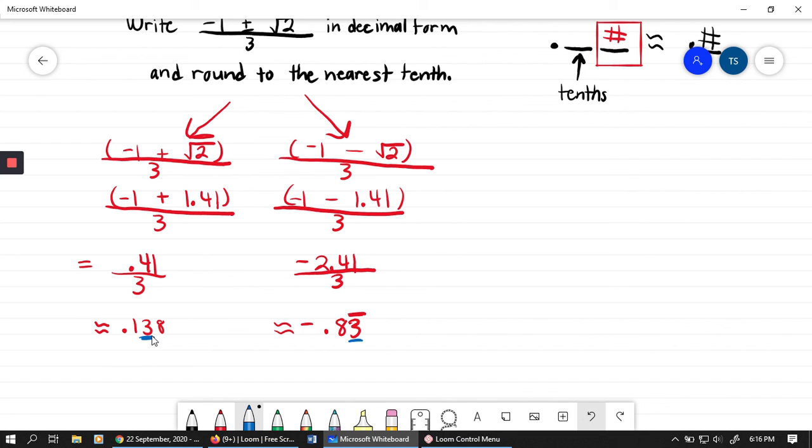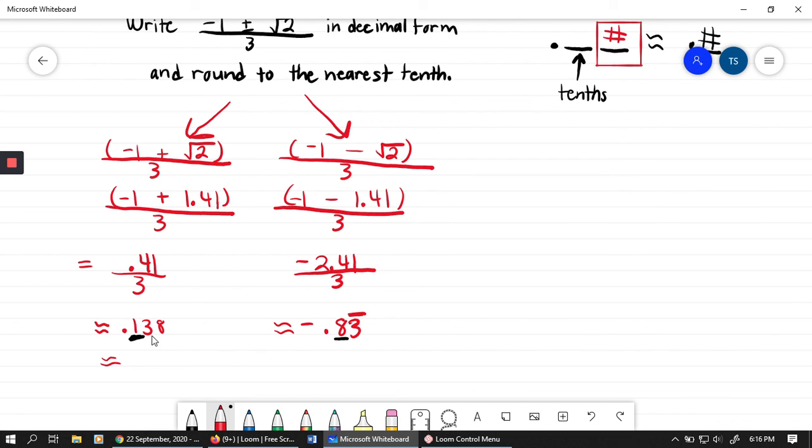I'm going to erase those lines. So that means that we're rounding down, and when we round down, we just leave that number as is. The only time you change it is if you're rounding up. If you were rounding up here, this would be 0.2.